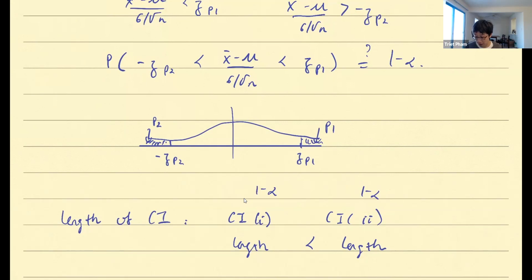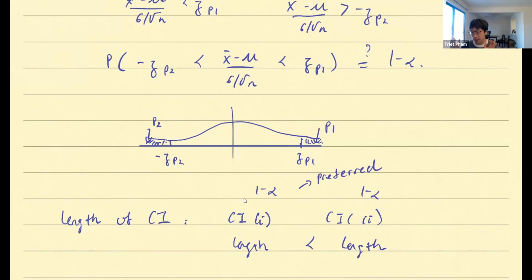But the point is, the larger one doesn't do anything more for you because it's already constructed to be 95%, both of them. That's the subtle thing. You would prefer the smaller one, all else being equal.